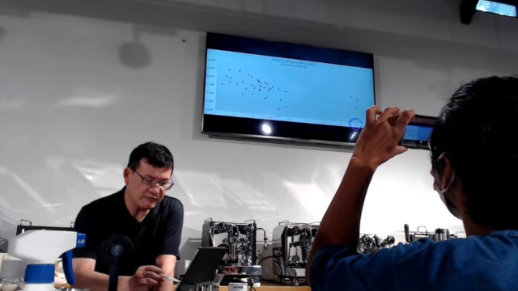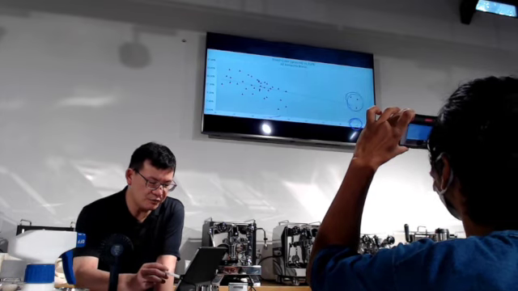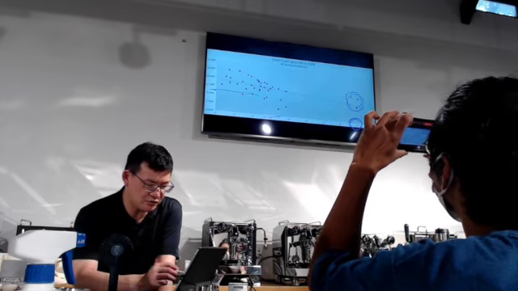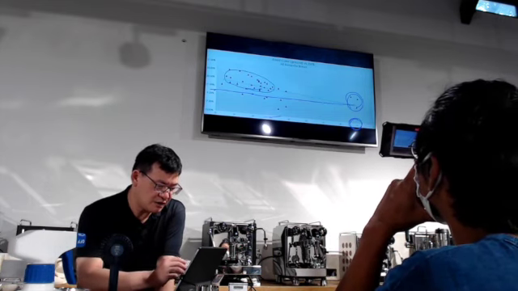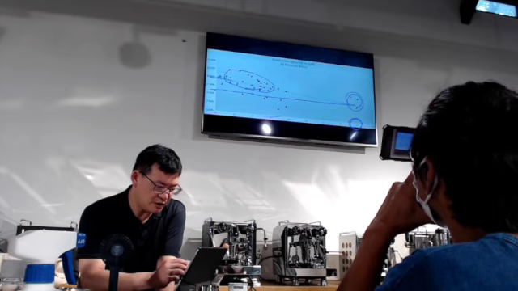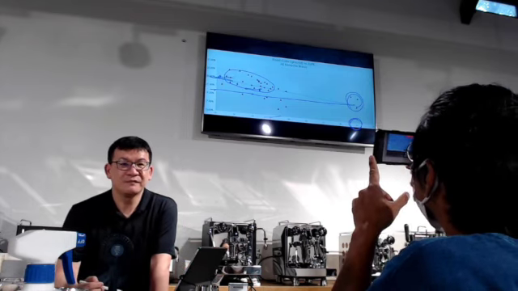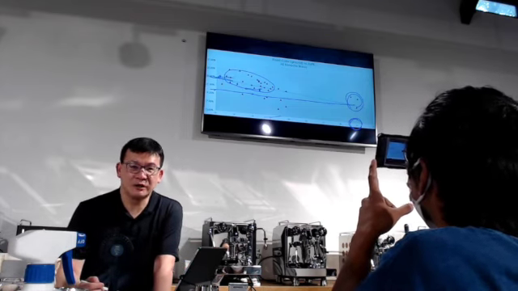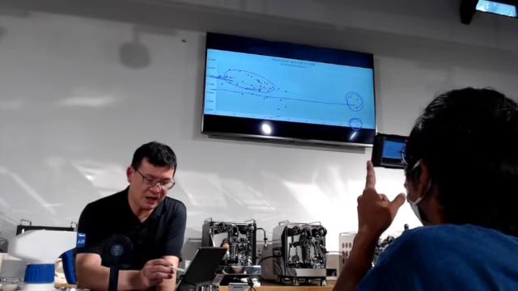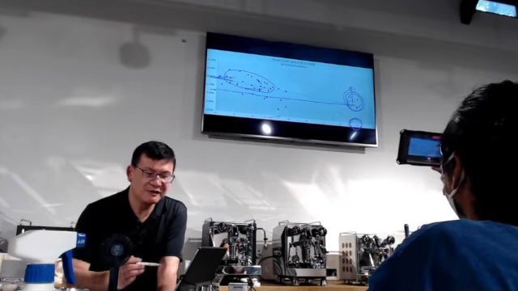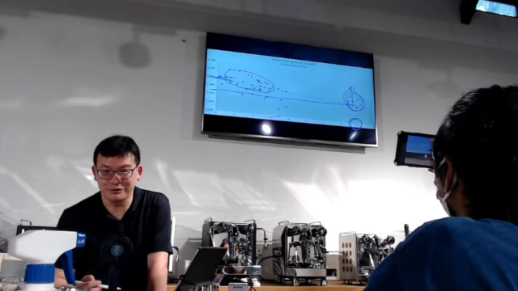When you do very light roasting, the extraction will be low. When you do a darker roasting, the extraction rate is better. Yeah, I know. We all know. But our problem is how to bring up the extraction of the light roast.